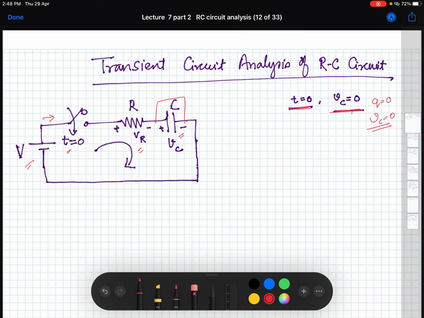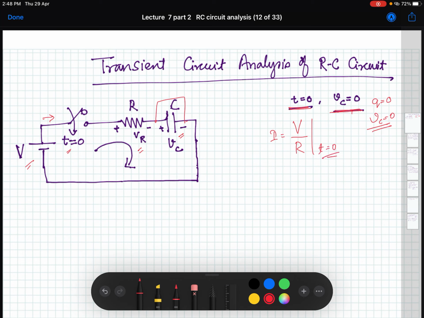And that gives you an idea: as soon as the switch is closed, since Vc is equal to 0, the current rushes into the circuit, and the amount of current at that instant, at t equal to 0, will not be decided by C, but only by V by R. So the current must be V by R at time t equal to 0.